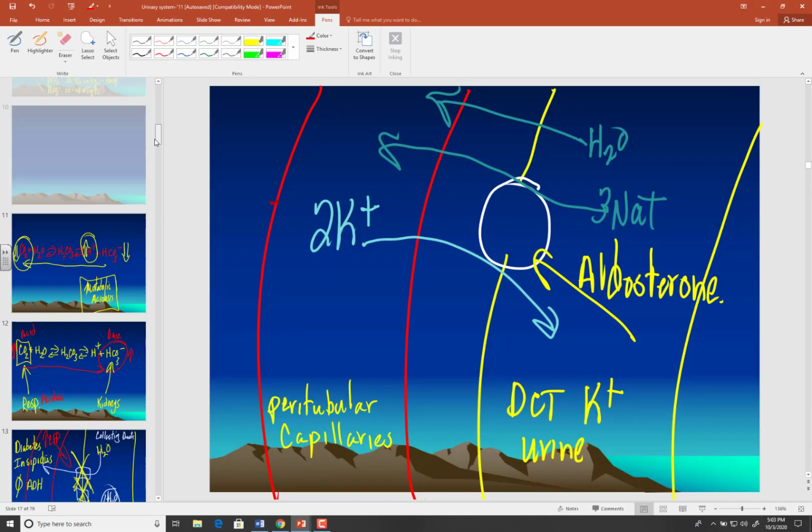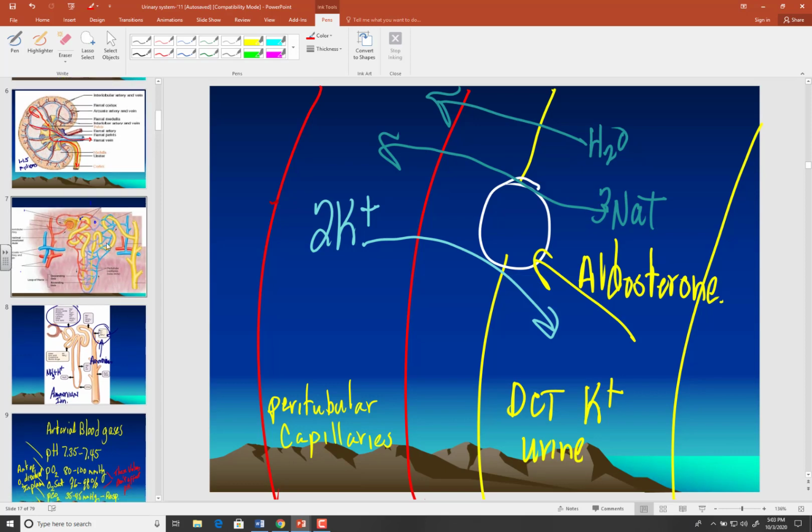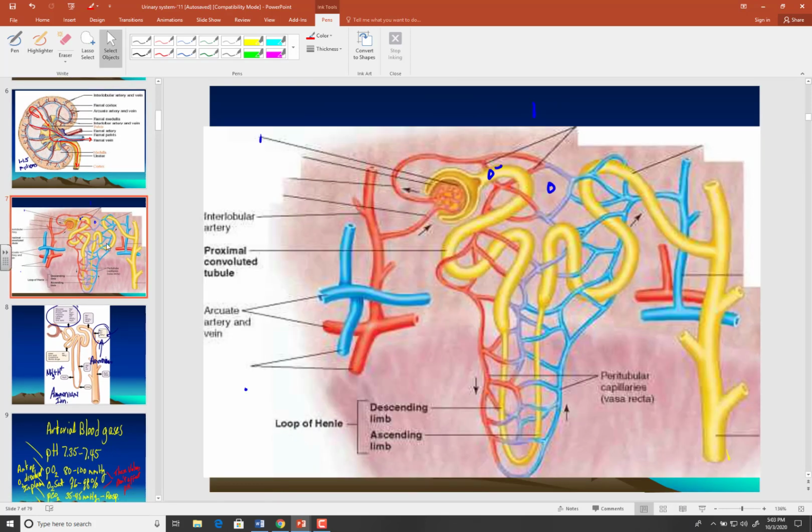So if you look here, you remember the nephron from A and P. I'm going to take a cross section of the distal convoluted tubule and the peritubular capillaries.